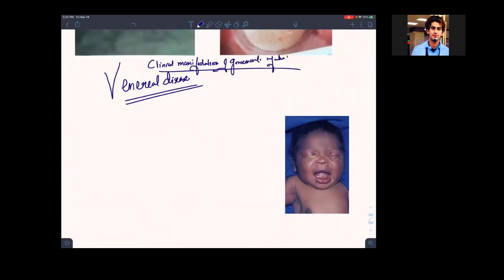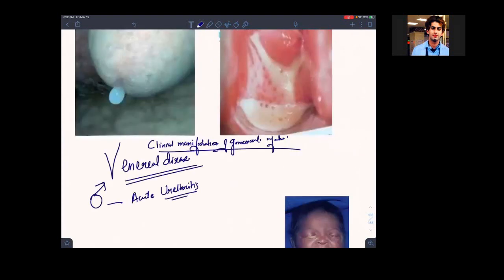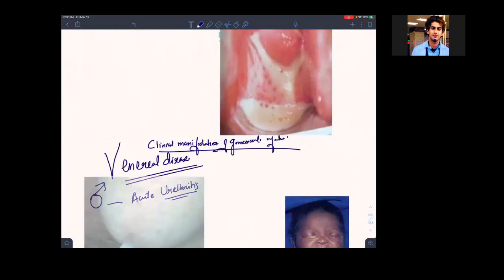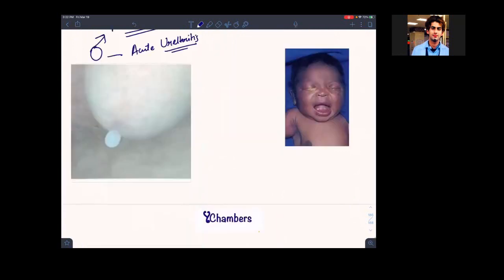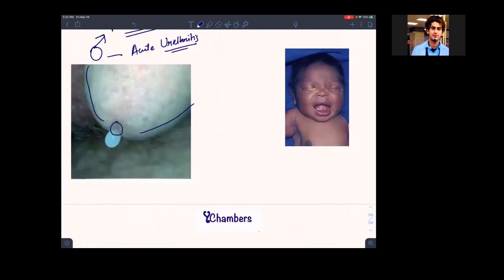See dears, what is happening? In males, it is causing acute urethritis. What is urethritis? Inflammation of the urethra, the male urethra. If I take the photo of the male urethra, this is the opening of the urethra and this is the glans penis.